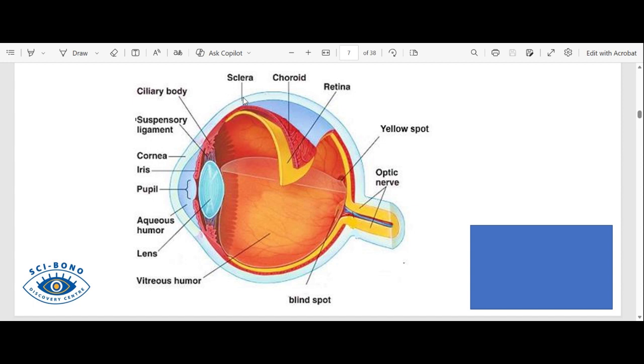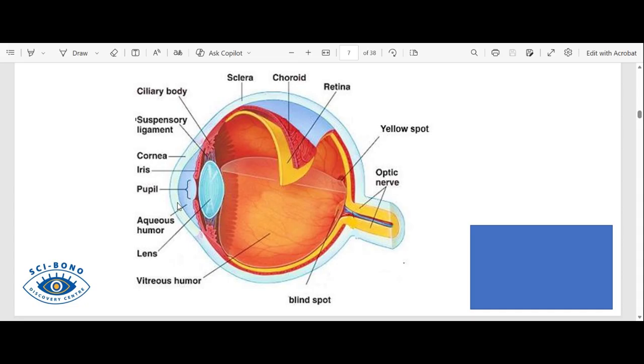As you can see, if we extend along the sclera into the front of the eye, you can see that the sclera extends into this front layer that is convex, called the cornea. So it extends into the cornea, this convex layer.